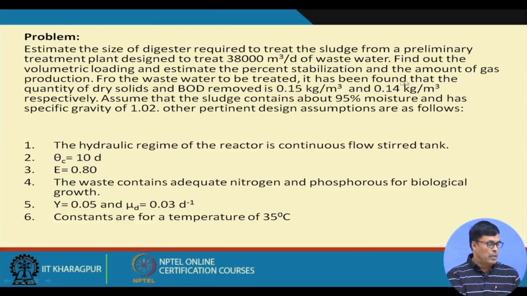It has been found that the quantity of dry solid and BOD removed is 1.15 kg per cubic meter and 1.4 kg per cubic meter respectively. Assume the sludge contains 95% moisture. Its specific gravity is 1.02. Other pertinent assumptions are given below. You have to find this out.